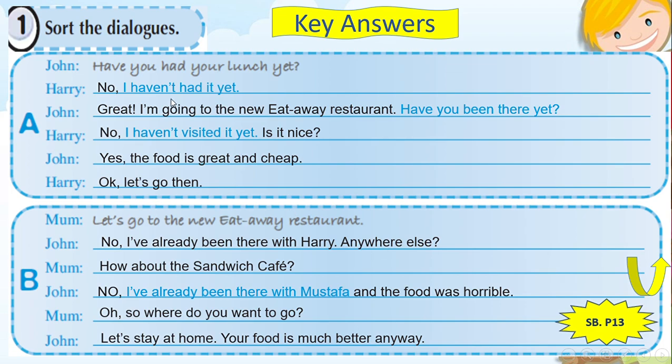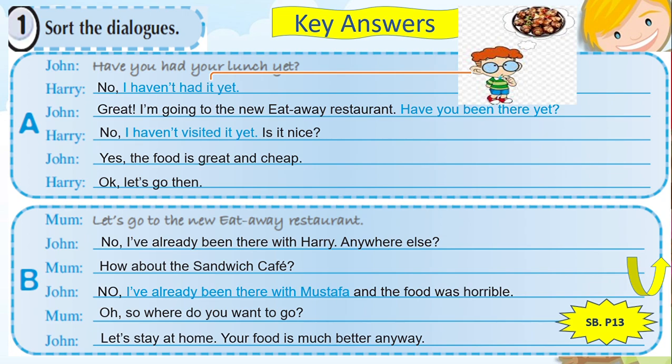Let us take another example here. Have you had your lunch yet? No, I haven't had it yet. Look here. This person is thinking about the lunch because he still hasn't eaten his lunch. So he said, I haven't had it yet. This action hasn't happened.